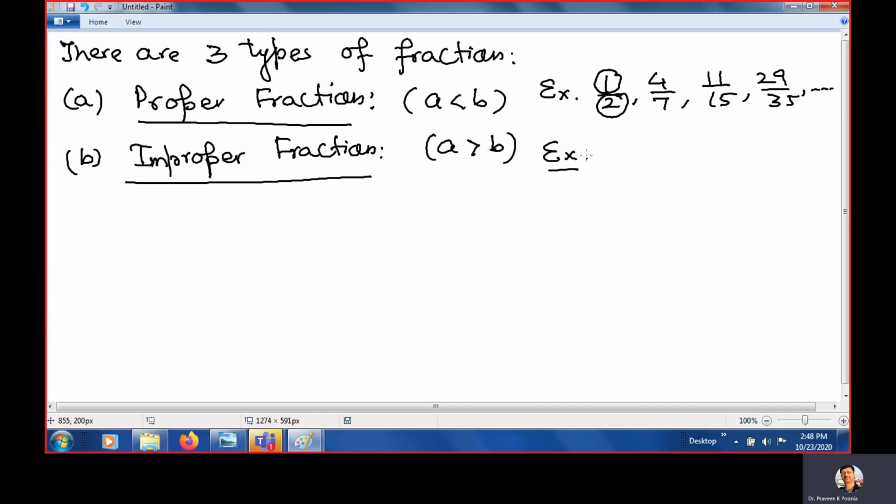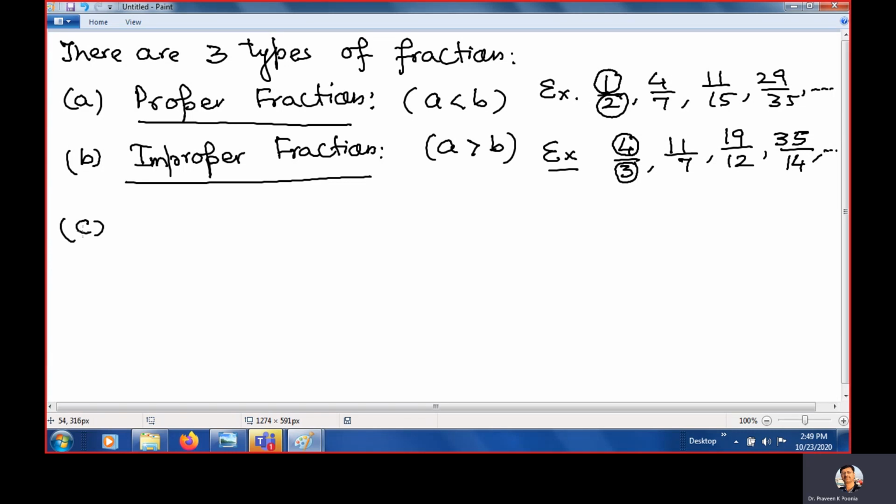For example, 4 upon 3, 11 upon 7, 19 upon 12, 35 upon any number you can write, say 14. Clear? Here you will notice the numerator is greater and the denominator is small. So these are called improper fractions.